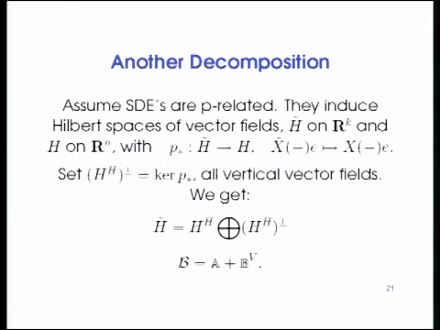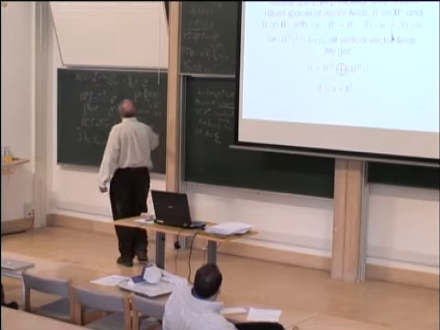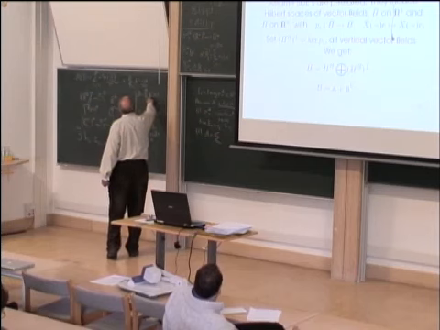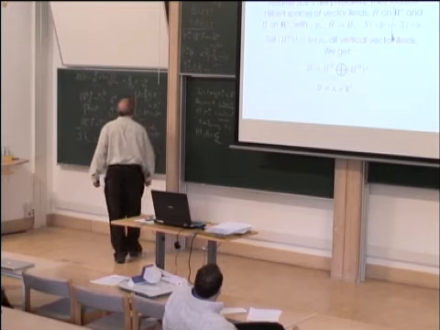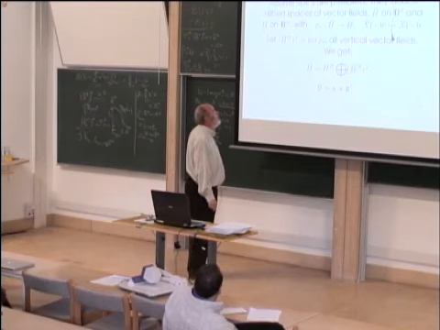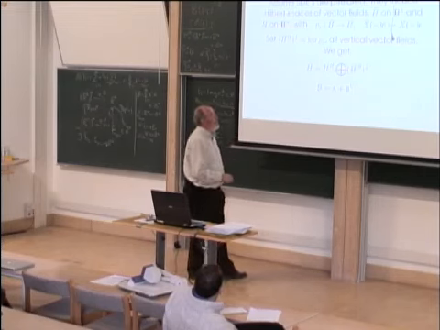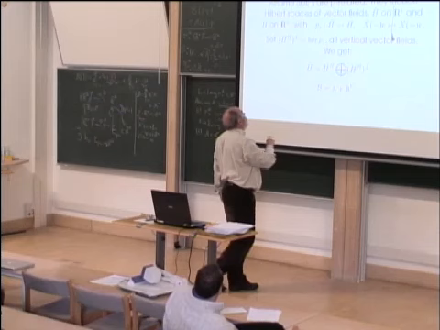But if we started with SDEs, as you might in a filtering problem, they determine Hilbert spaces of vector fields, finite dimensional if we only have m of them, just the things spanned by these X_i. The noise part I'm only interested in. So H tilde spanned by the X tilde_i's, and H by the X_i's.